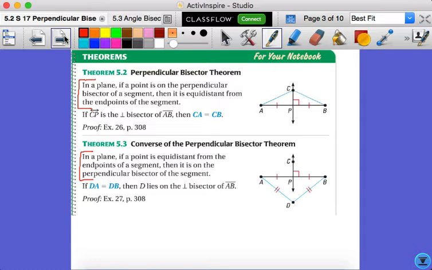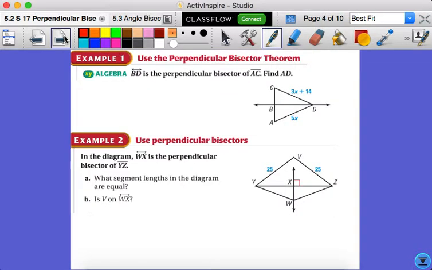So in other words, if we've got this point on the perpendicular bisector, it's always going to be equidistant to those 2 points. Or if we know that a point is already equidistant, then we can safely assume it's on the perpendicular bisector. Pause here if you need to jot anything down.